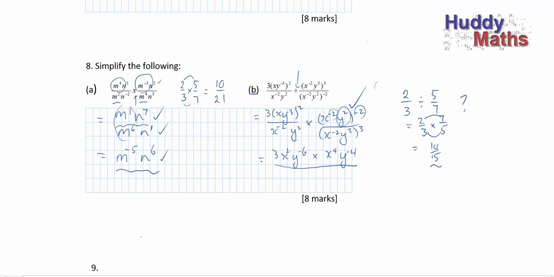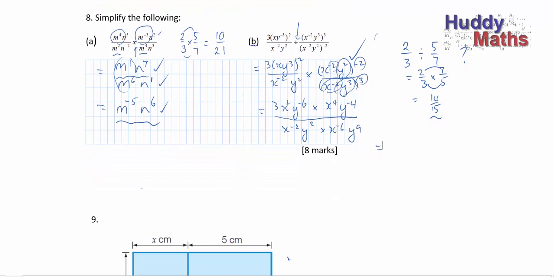Over here, nothing to do here, so we'll just write it out again. And then times over here, x to the -2 all to the 3, x to the -6, y cubed all to the 3, y to the 9. Okay, still quite a bit of work to do, so I'm going to come down over here and just put it in this little gap.